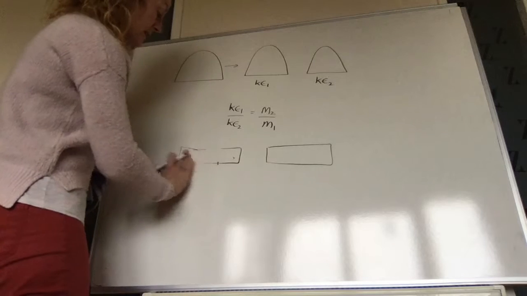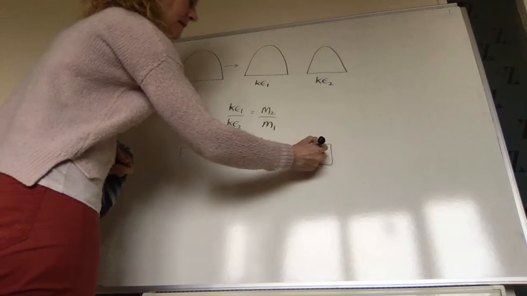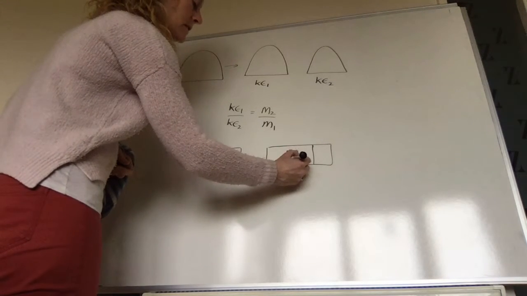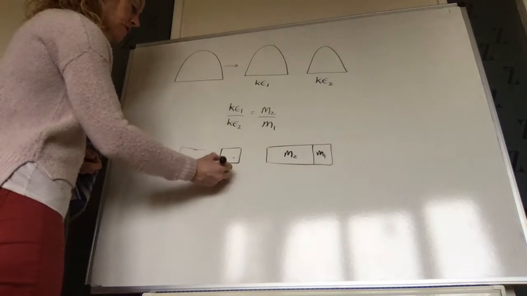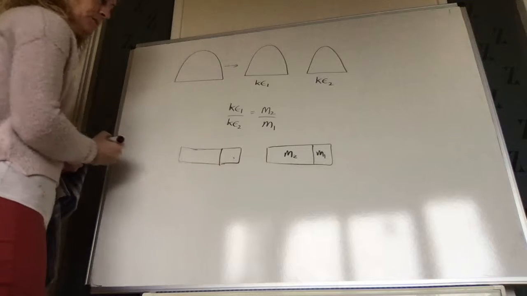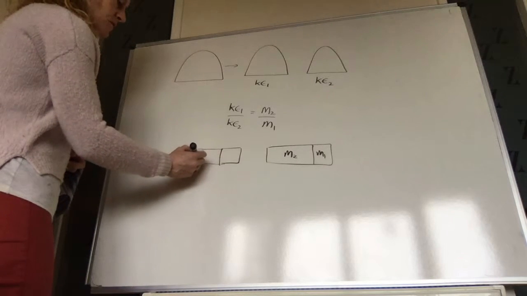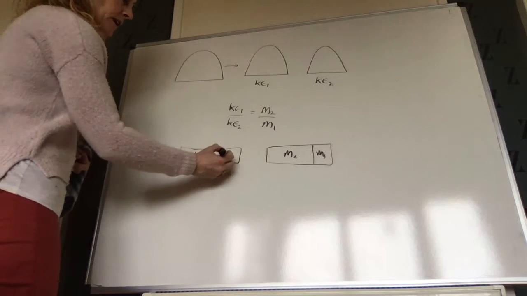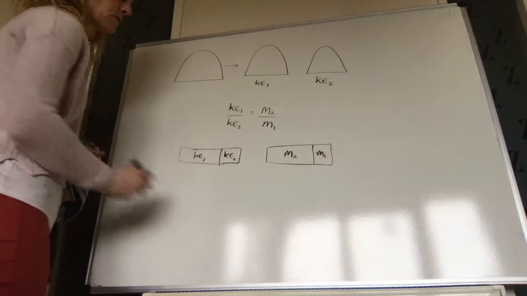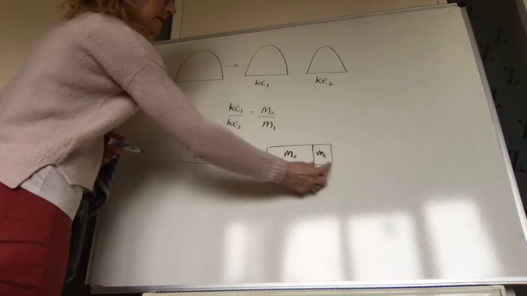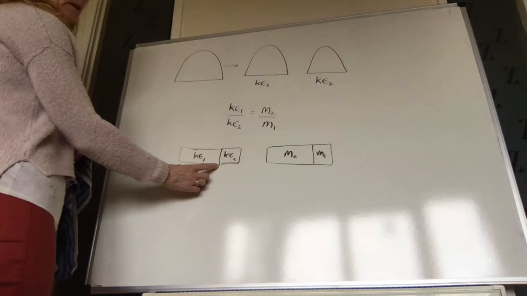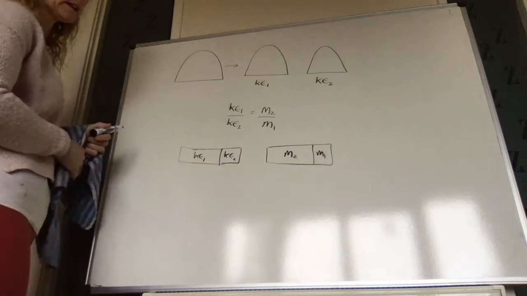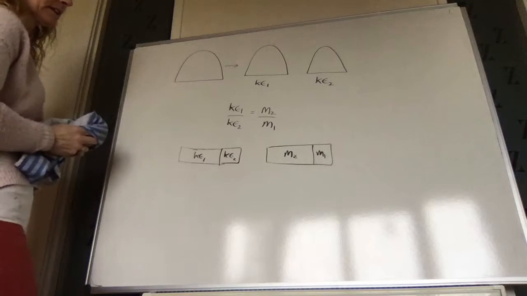So if the mass of particle 2 is much greater than the mass of particle 1, the kinetic energies are split up in that same ratio. In other words, the smaller mass ends up getting the larger portion of the total kinetic energy.